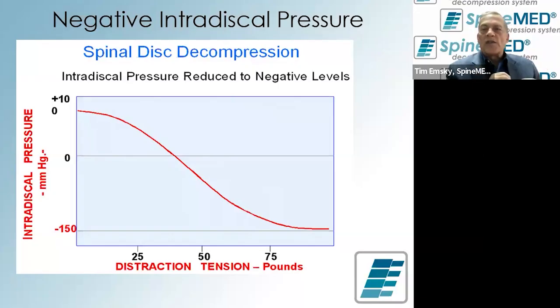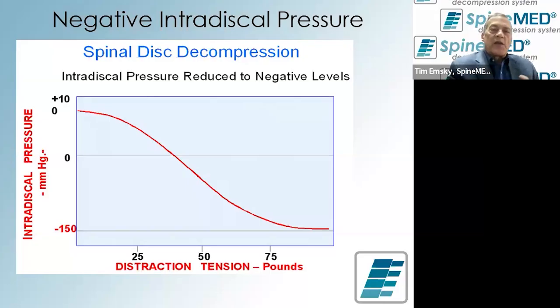Now, remember, there's always a positive pressure in your disc. So even if you're hanging upside down on an inversion table or hanging your body through chin-ups or something, there's always a positive pressure on the discs. And so they were able to demonstrate a reduction of intradiscal pressure to minus 150 millimeters of mercury.